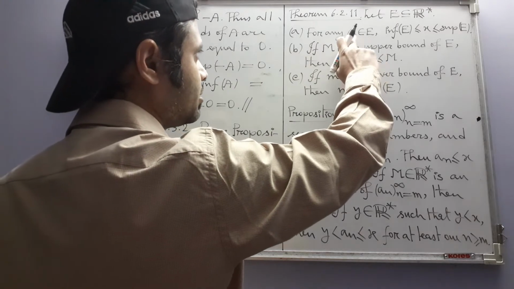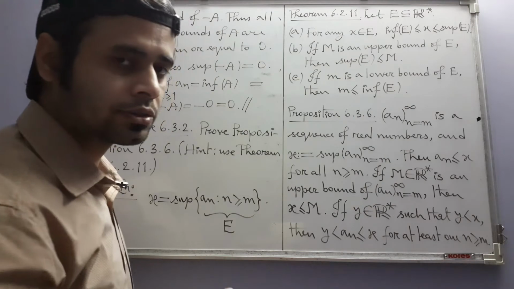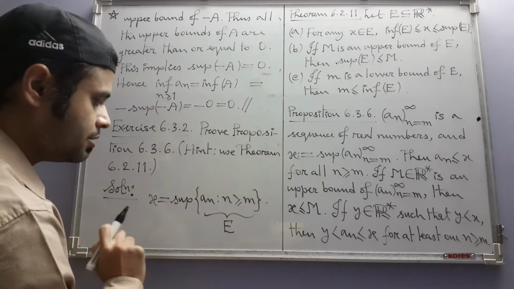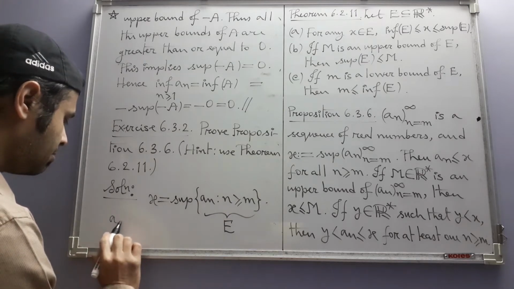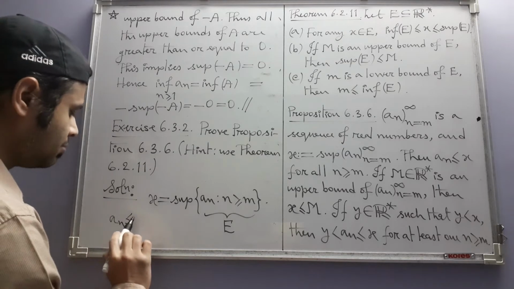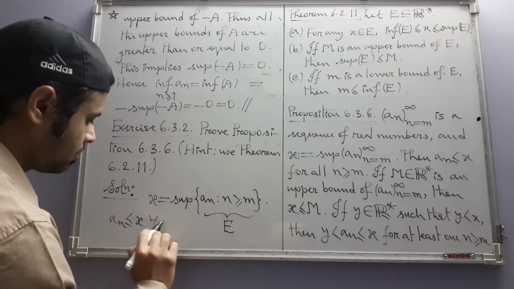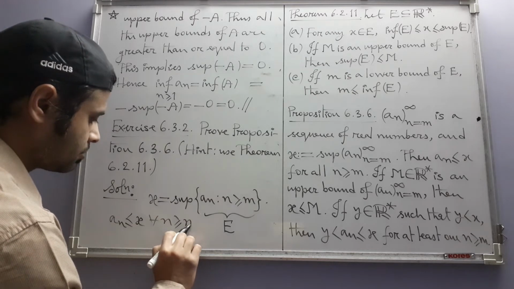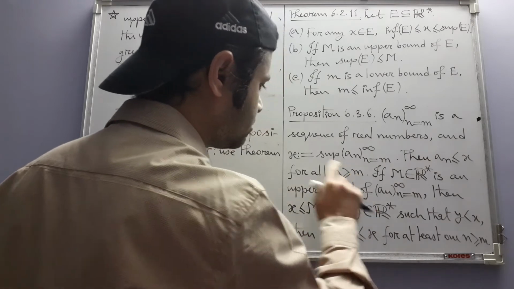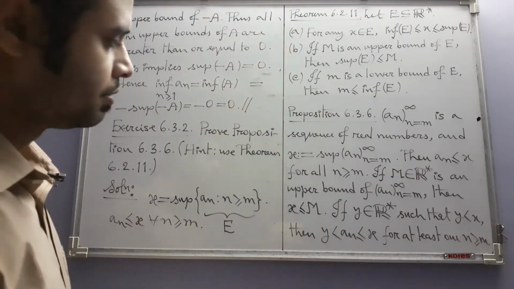It says that for any element in E, that element is less than or equal to the supremum. And now our set E is this, so any element in this will be An. So An is less than or equal to the supremum of E, that is x, for all n greater than or equal to m. That means An is less than or equal to x for all n greater than or equal to m, that we are directly getting from part A.